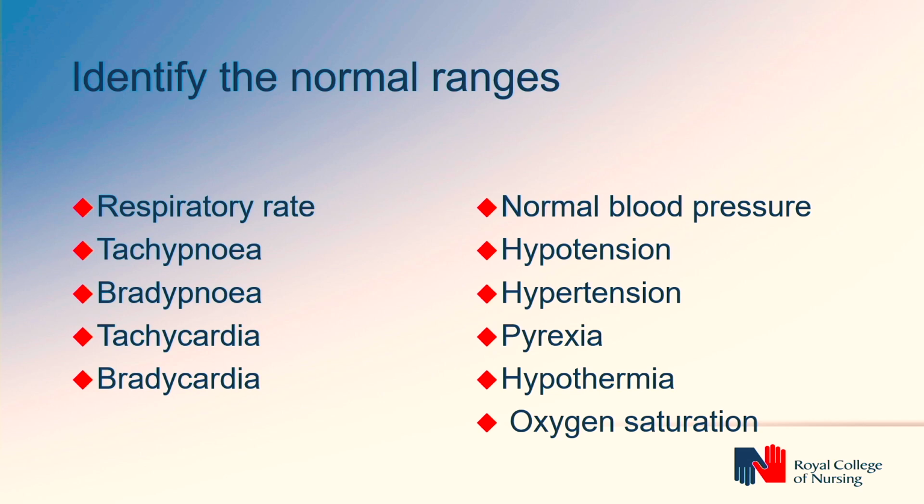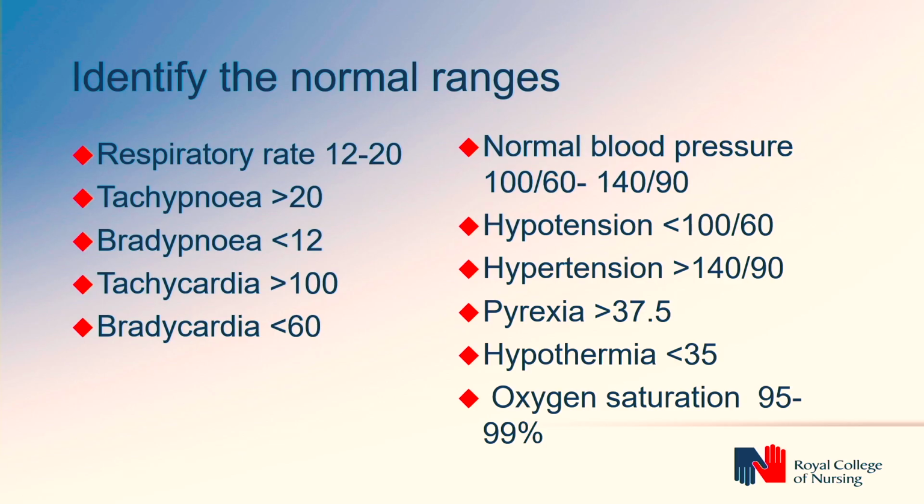And sometimes our normal parameters, which I'm going to put up on the screen for you now, are different in our elderly patients, and we need to be mindful always of what the patient's baseline actually is, and sometimes their baseline sits outside of the normal parameters that we know of.